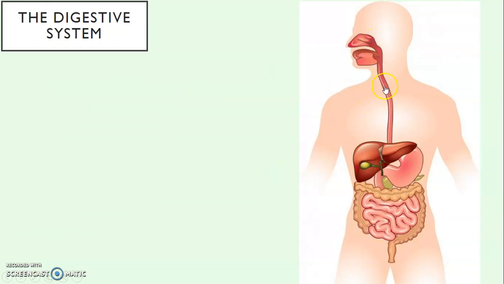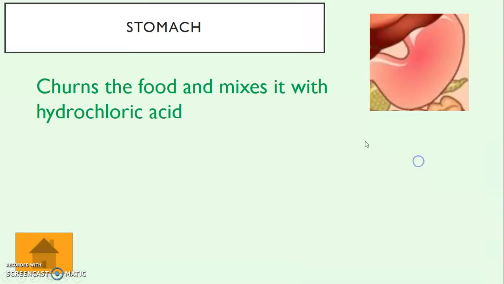The food will then pass down and it will come into this muscular bag here, which is the stomach. And what the stomach does is it adds hydrochloric acid, and it'll also add some other enzymes, and it churns the food. So it's physically churning that food, breaking it down into smaller and smaller bits, mixing it with hydrochloric acid, and then adding an enzyme called protease, which breaks proteins down.